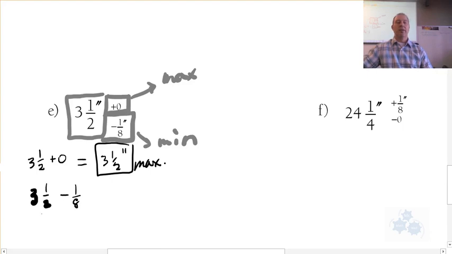So we need to get a common denominator. So 3 times 2, 2 times 3 plus 1 is 7 over 2. That's what that fraction is actually like. And minus 1/8. So switching from mixed to improper fraction, that's step 1. Now we need a common denominator, right?